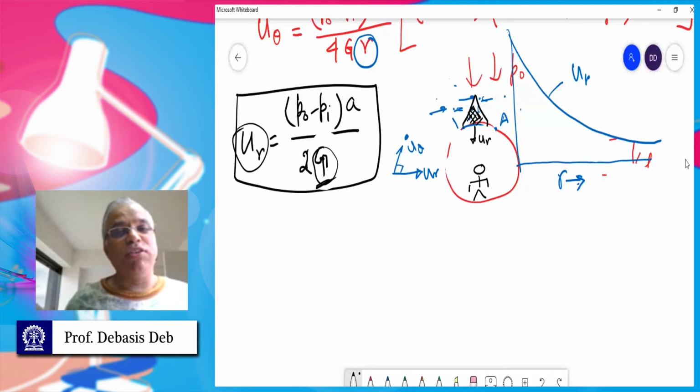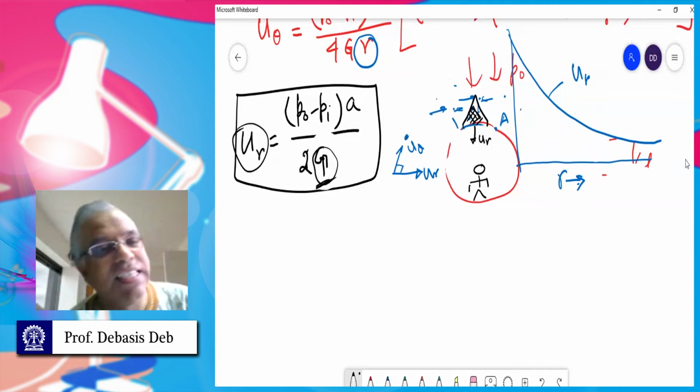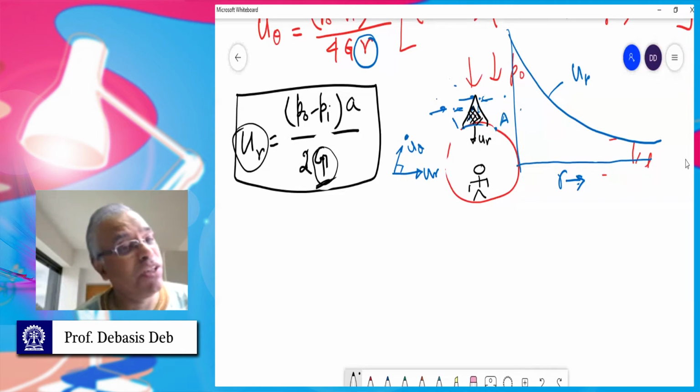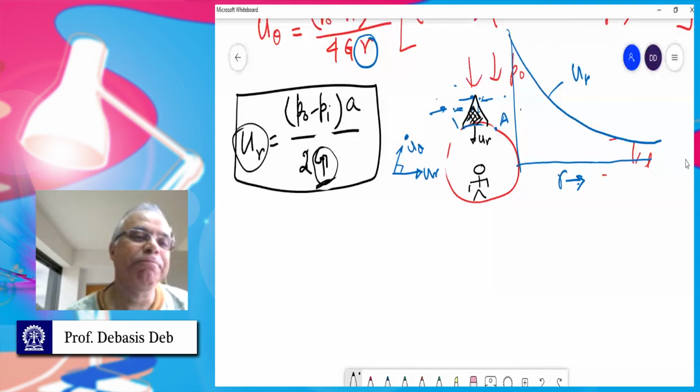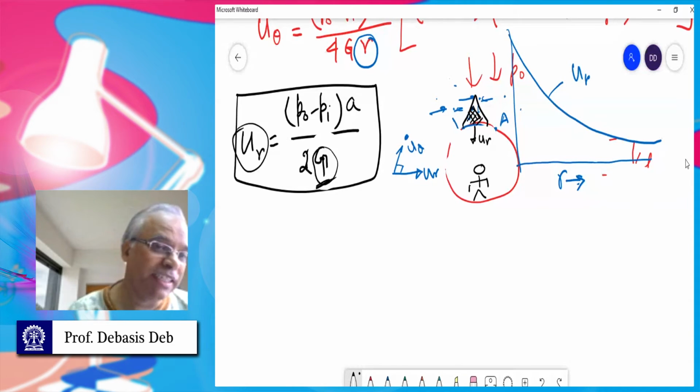What you need to know is that there is a displacement called radial displacement. It's called UR, and it depends on P naught and Pi. P naught is your in situ stress. Pi is the support pressure I'm going to apply. A is the radius, so if the radius increases, this will increase.